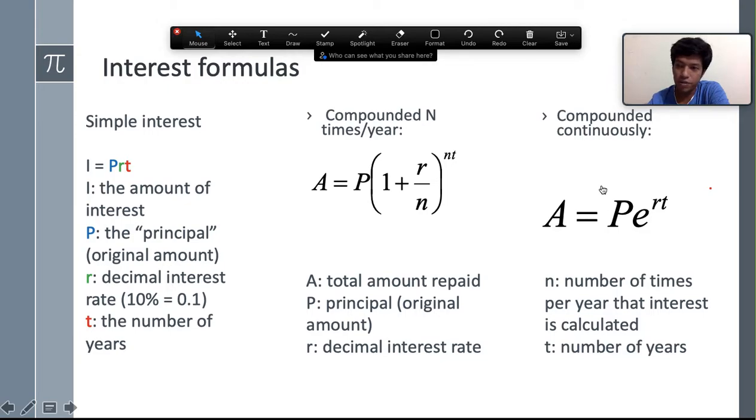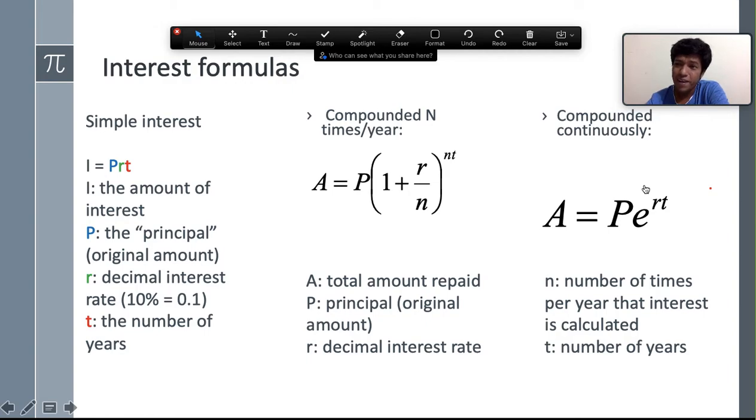You keep your money in my bank, then by the end of today I will give you the interest, and then tomorrow again I will give you the interest." That means that bank is giving you the interest every day. So that means n equals 365.